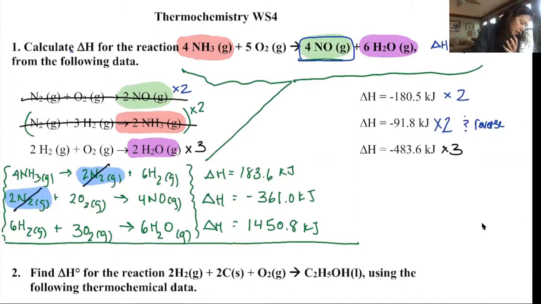I do. I see 6 hydrogen gases produced and 6 hydrogen gases reacting, so those will cancel. I also see that I have 2 oxygens reacting and 3 oxygens reacting, so those will not cancel, those will add together.